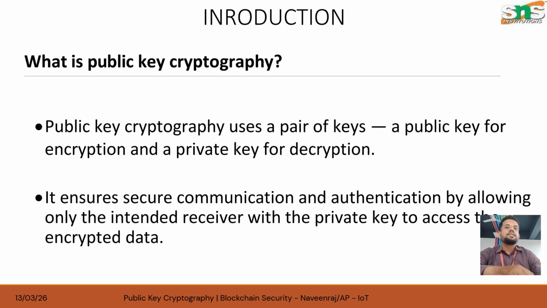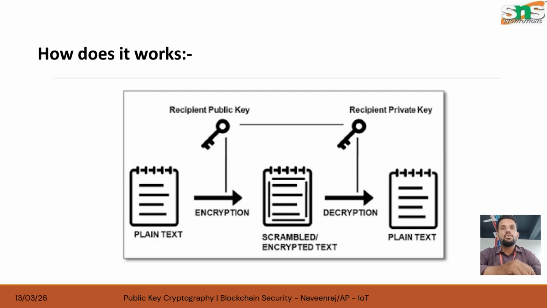Next we move to the key generation process, which is very important. Before communication the keys are generated. The first step is to select the mathematical parameters. The second step is to generate the private key, that is, a random number.